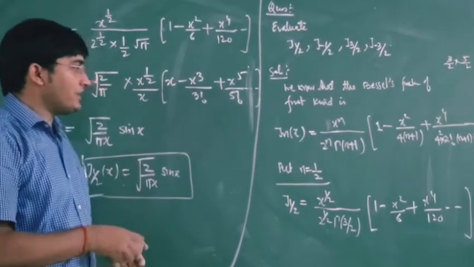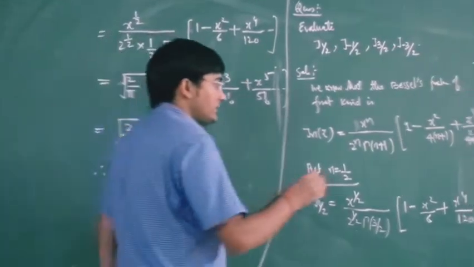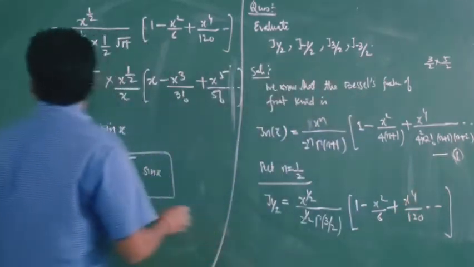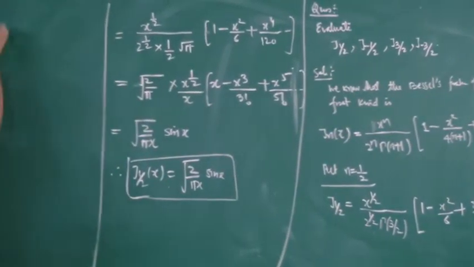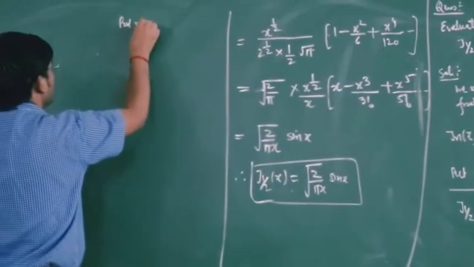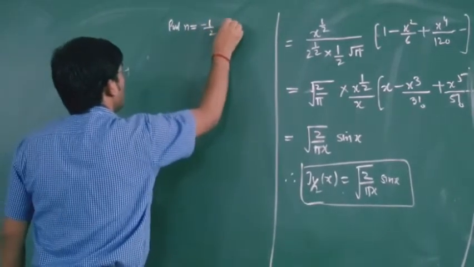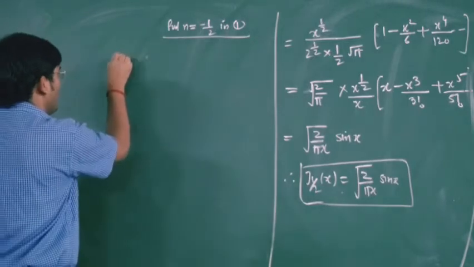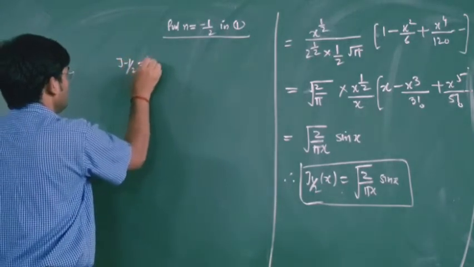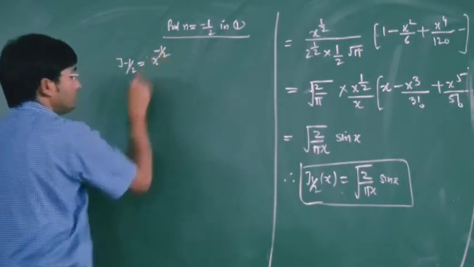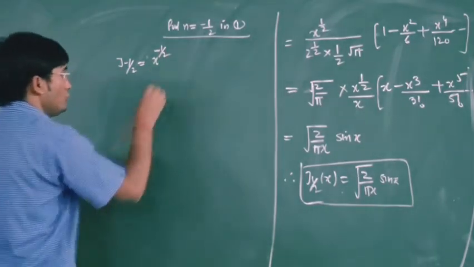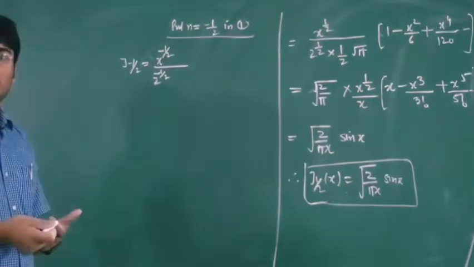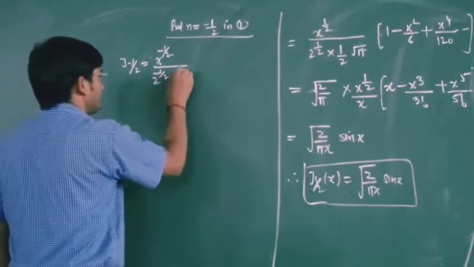Now let us put n equal to minus 1 by 2 in this equation. Say this equation is 1. Put n equal to minus half in 1. So if we put n equal to minus half, then our J minus half will be equal to x power minus half upon 2 power minus half into gamma n plus 1, so that will be gamma half.